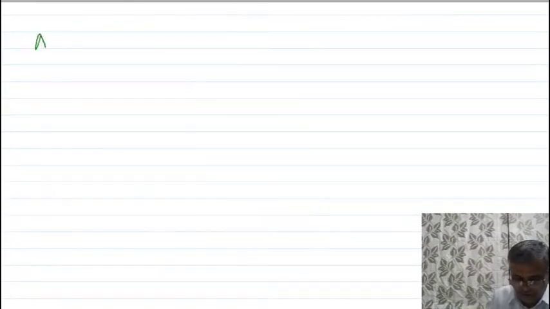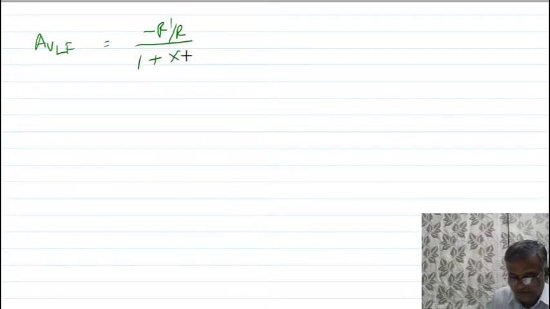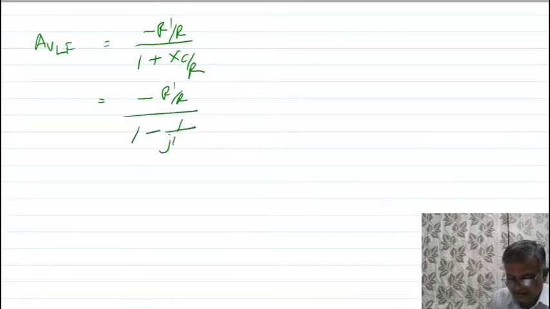So the gain at low frequency is given by minus R dash by R times 1 plus XC upon R, which is minus R dash by R. You know that 1 upon XC is 1 upon j omega C into R. So this is the gain at low frequency I have written.